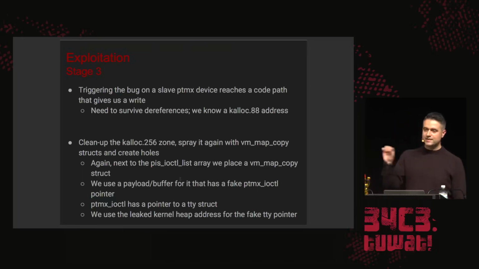And remember that the first element of the PTMX IOCTL struct is a pointer to a TTY struct. And I can use the leaked address I have for this pointer that I didn't know where to point it to.